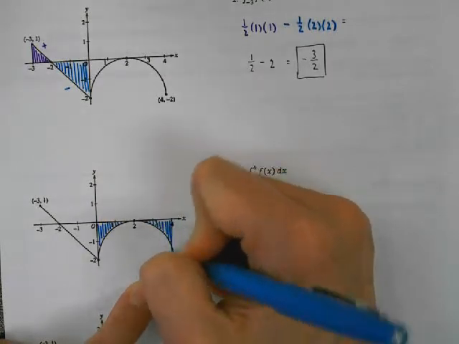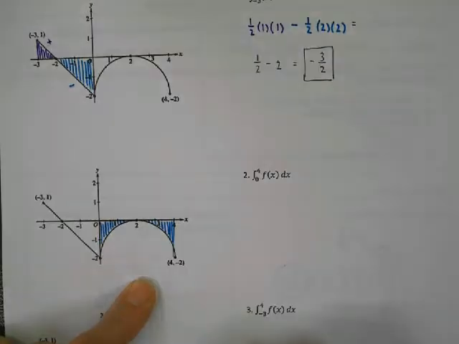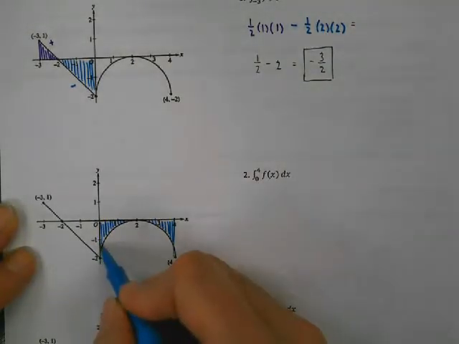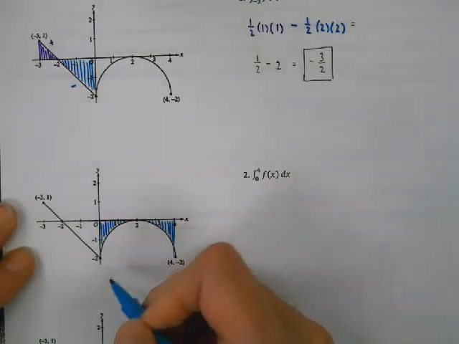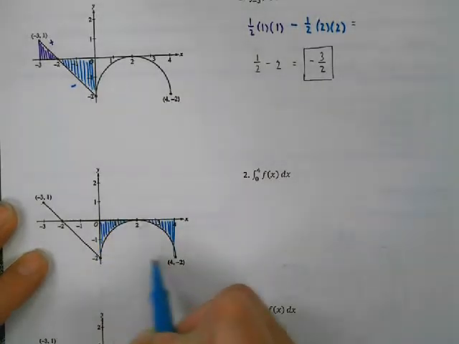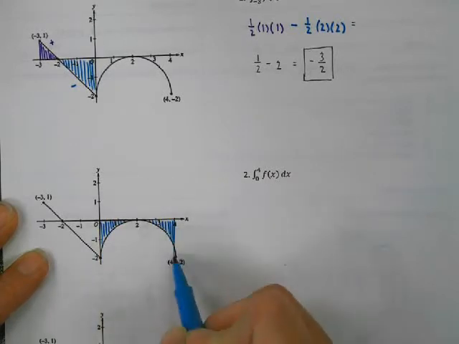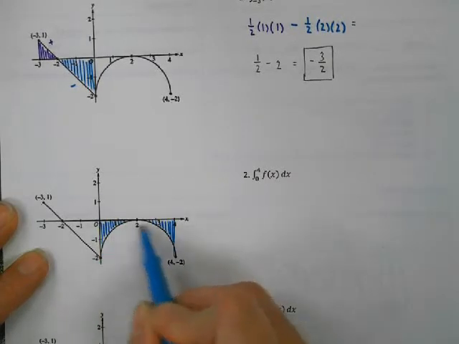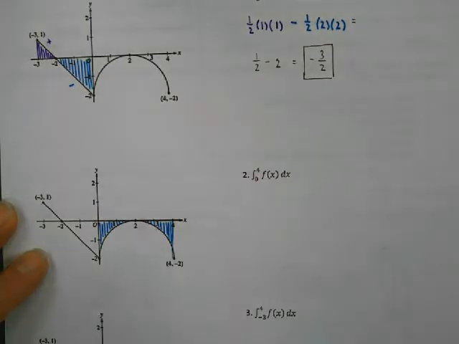Now, this one's a little bit interesting because when I first look at it, I don't know a geometry formula for a shape with this curved edge. But what I do know is if I take the area of this whole rectangle, with base 4 and height 2, and subtract out that semicircle, then I'd have the value of the area for that shaded region.